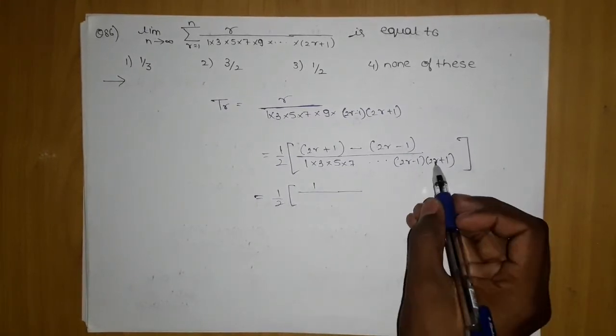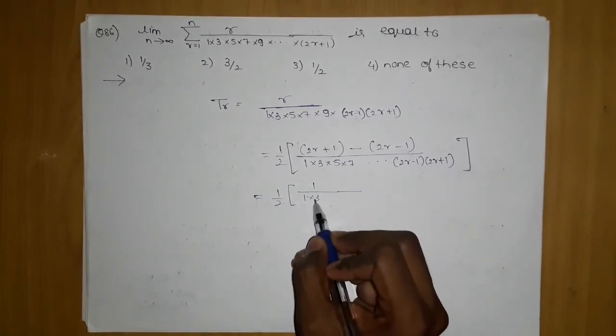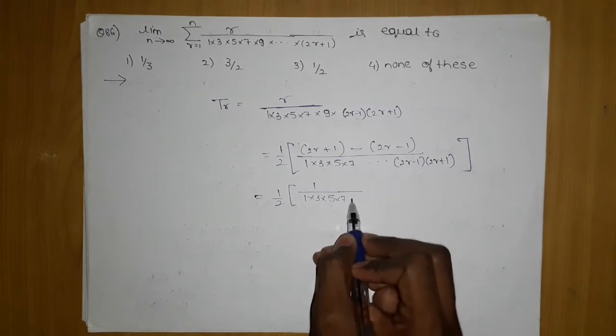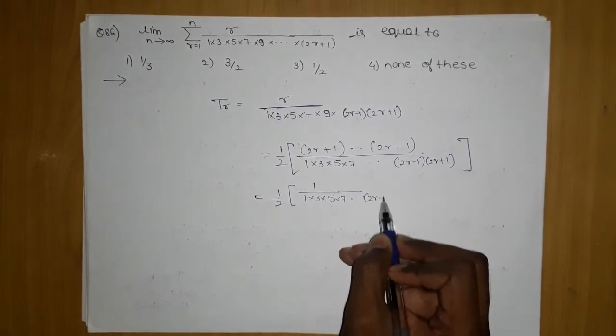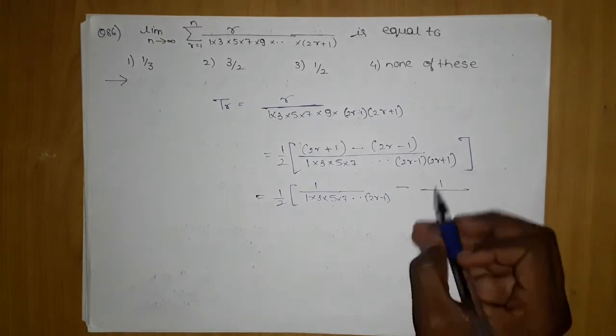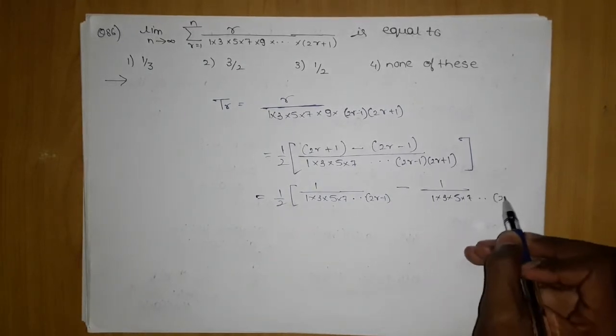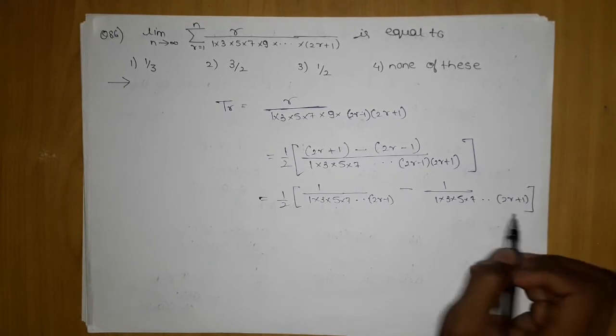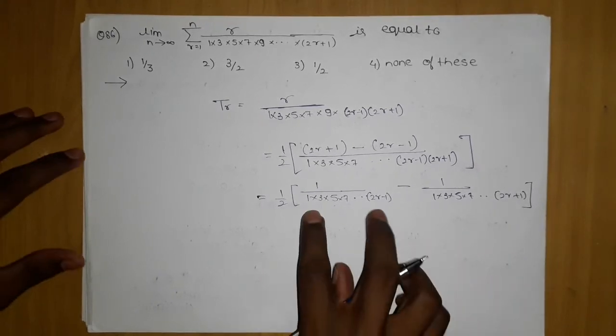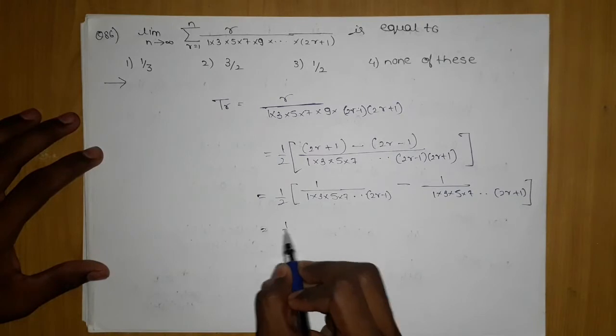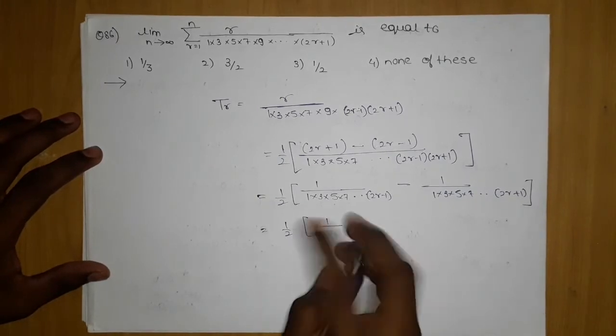The bigger one will become 1 into 3 into 5 into 7 and so on into 2r minus 1, while this one will become 1 into 3 into 5 into 7 and so on till 2r plus 1. Fine. Now you can consider it as a general term.